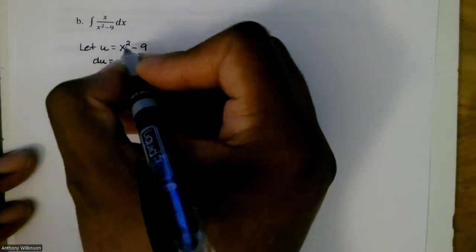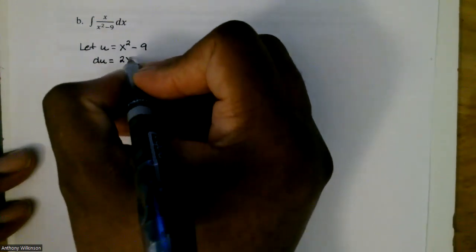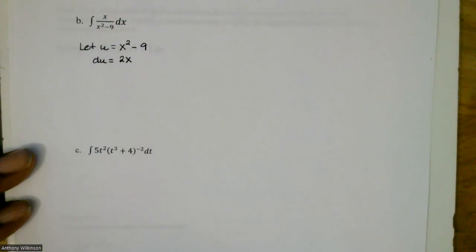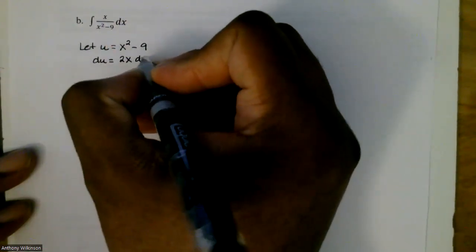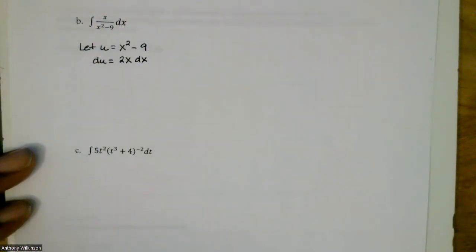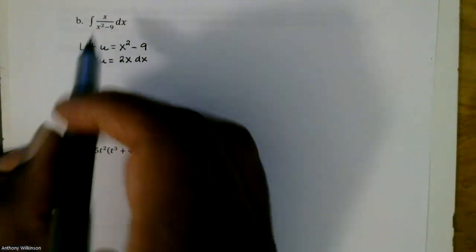And then take its derivative. So that means that du is equal to, the derivative of x squared would be 2x, and the derivative of minus 9 is 0. So du would be equal to 2x dx. Now, I do have an x and a dx, but I don't have the 2.